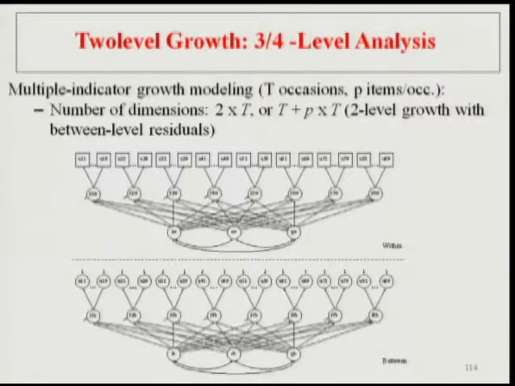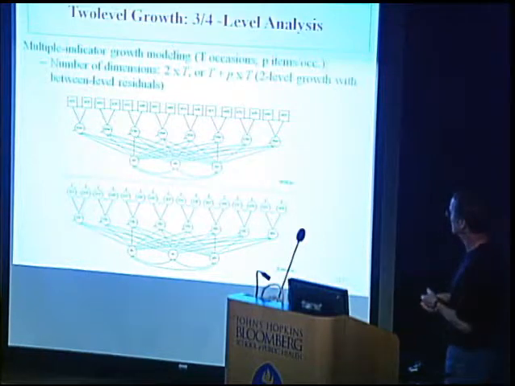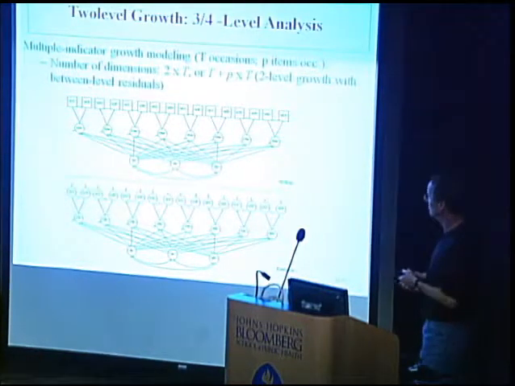Now, if you take a look at a more complicated model here, you have a multiple indicator model again, and we are still in the two-level setting. You have a growth model where you have development of individuals over time, and where you study these individuals within classrooms.